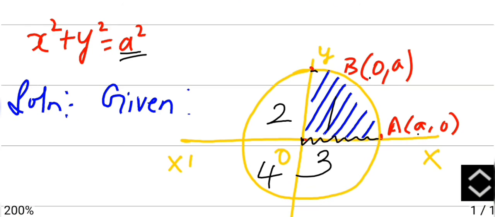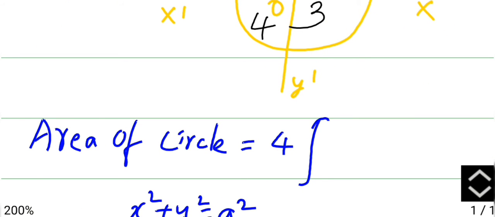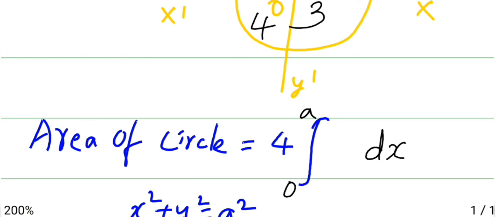I could take y as well, we can do both ways, but I am taking x here. So the change is from 0 to a. What is changing? x, so it is dx. And what you have to find? You have to find y. If you are writing dx, you will write y.